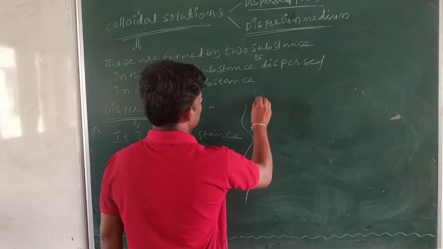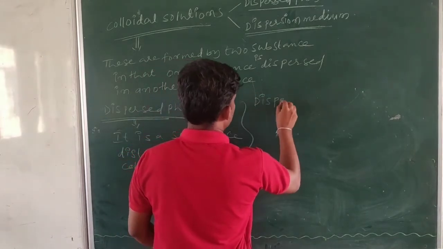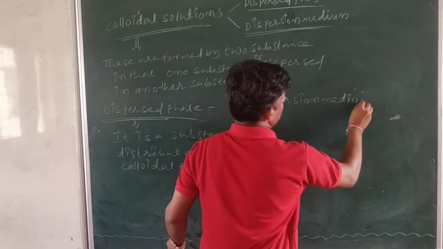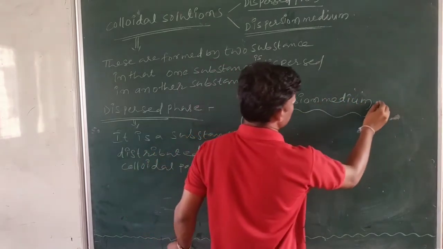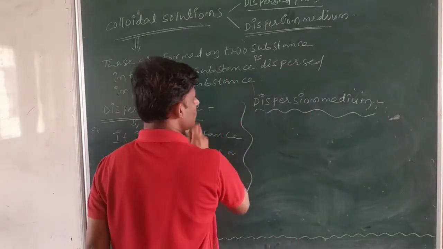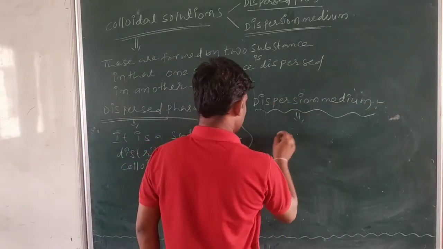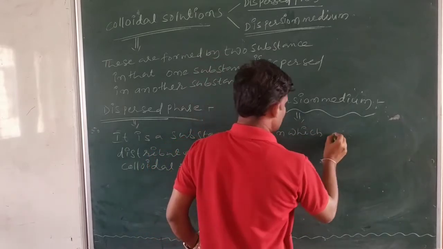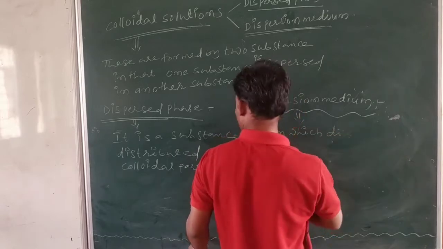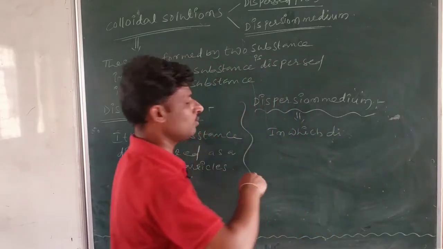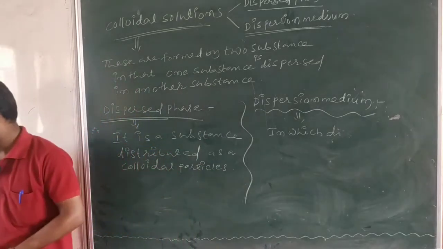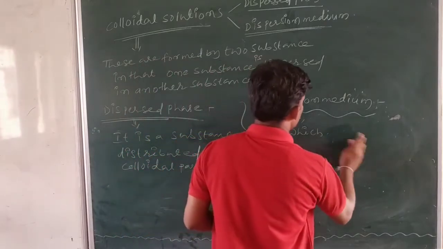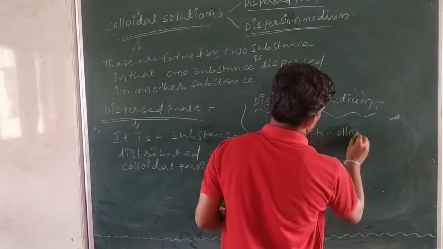The next point is the dispersion medium. It is like a solvent. It is equal to the solvent, while the dispersed phase is equal to the solute. In it, the dispersed phase or dispersed particles can scatter, where the colloidal particles are scattered.